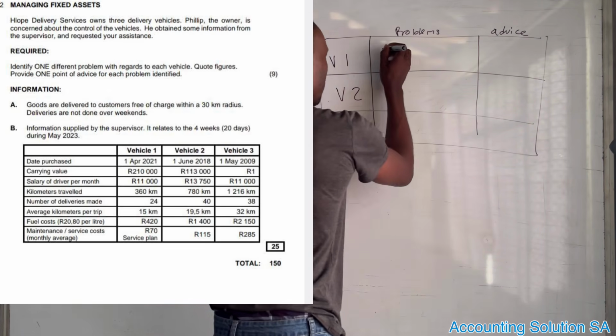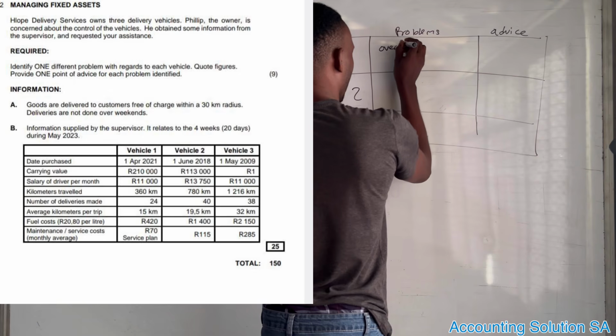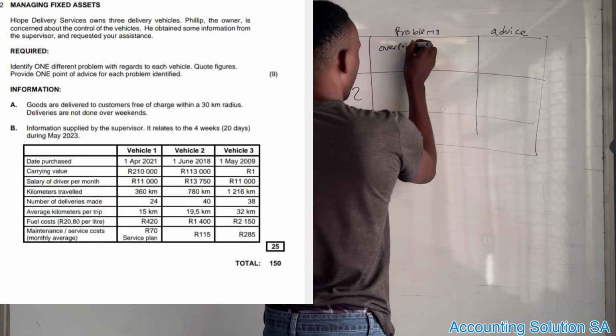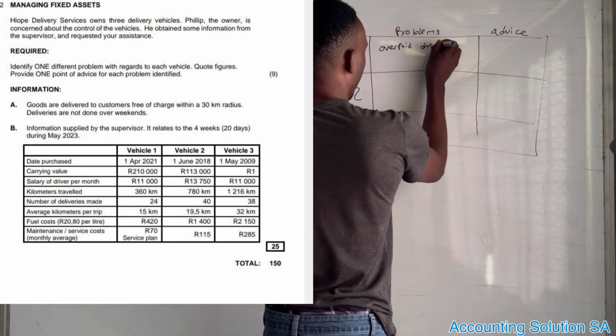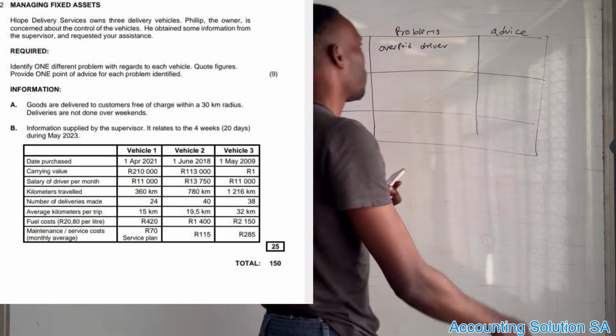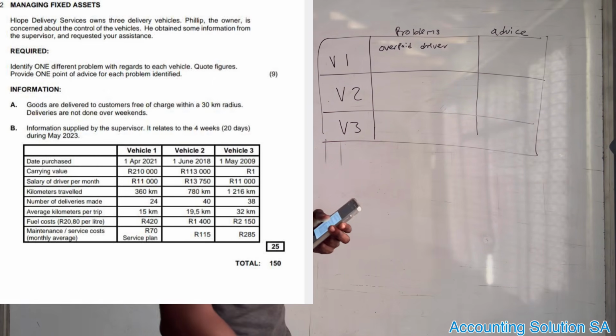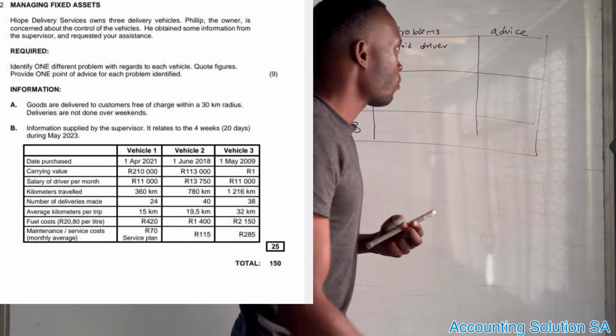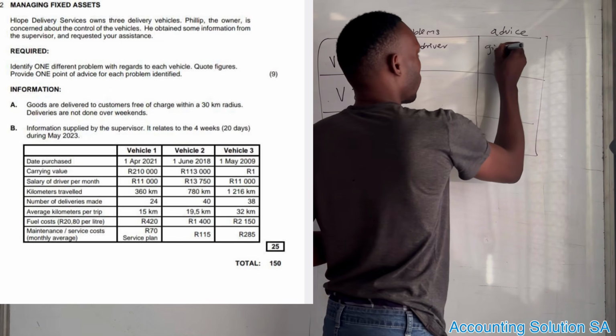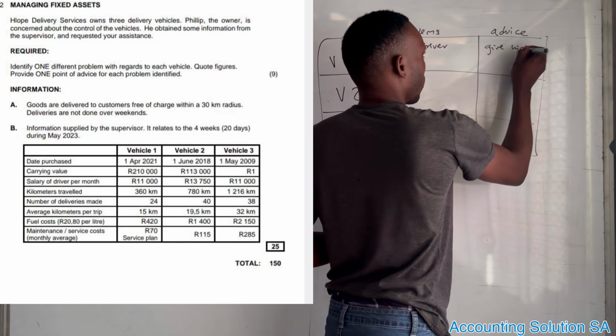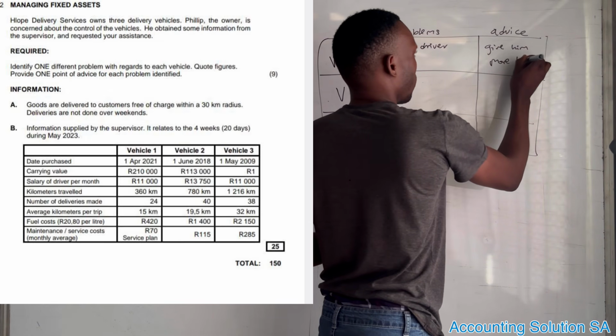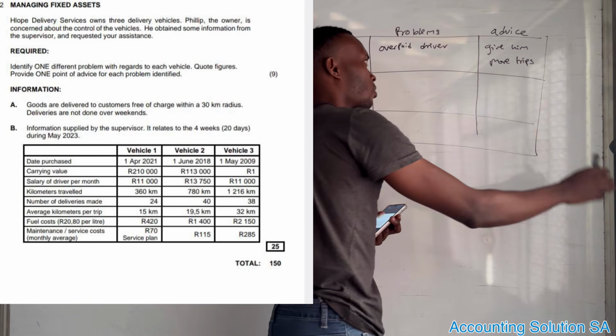The driver is overpaid here. Overpaid driver. And how can we solve this problem of overpaying a driver? We must give him more trips. We have to give this driver more trips.